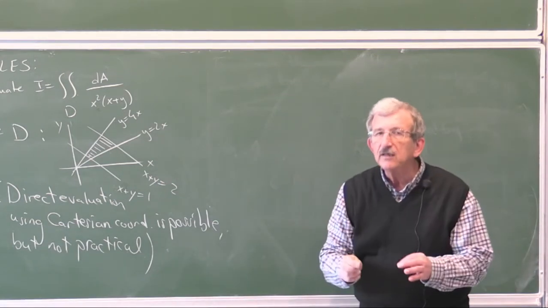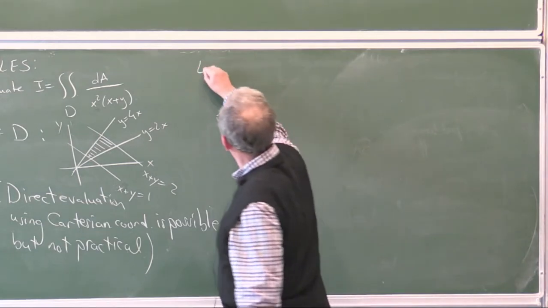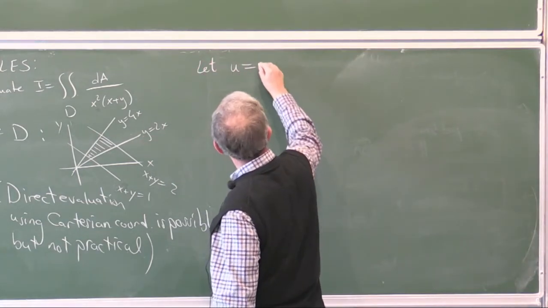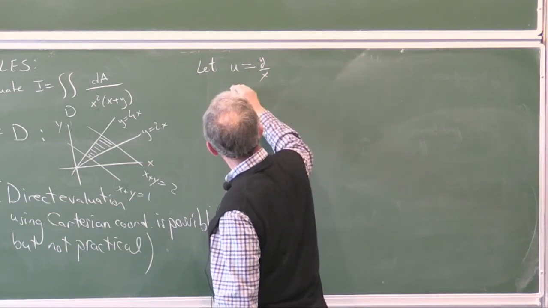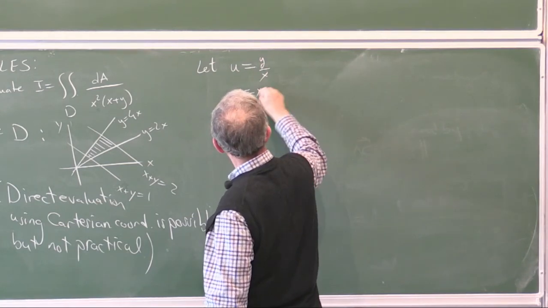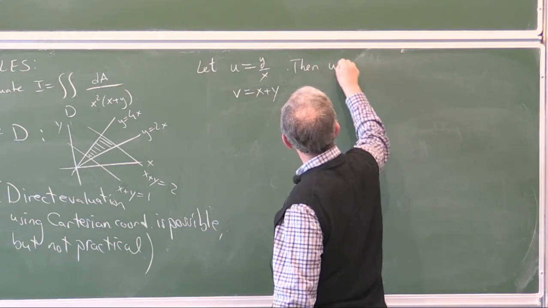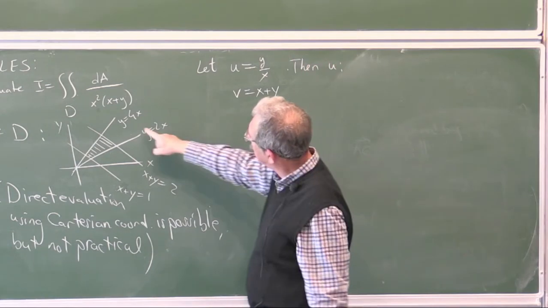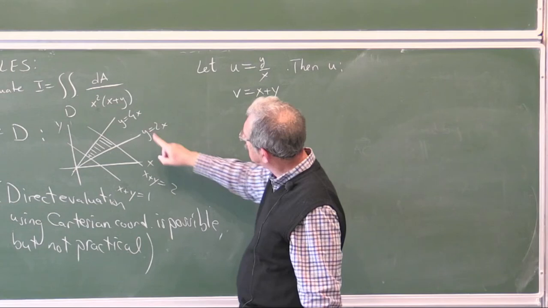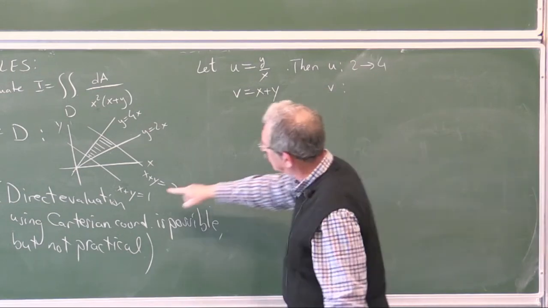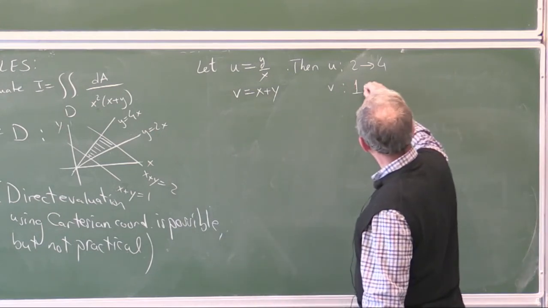Now, this hint tells us that we let u, for example, be y over x and v be x plus y. Then u, that is y over x, changes from 2 to 4, and v, that's x plus y, changes from 1 to 2.